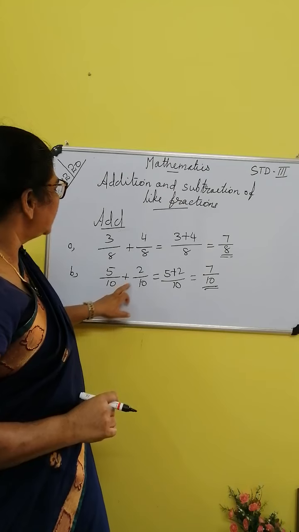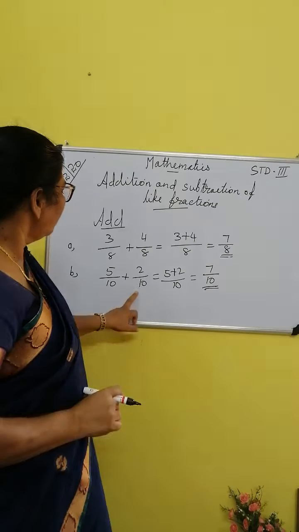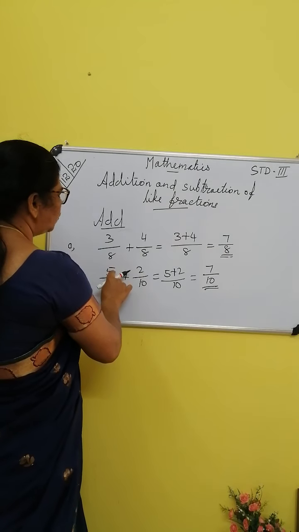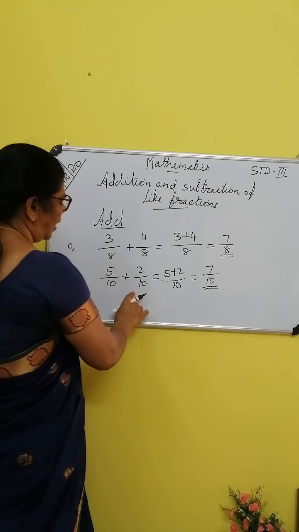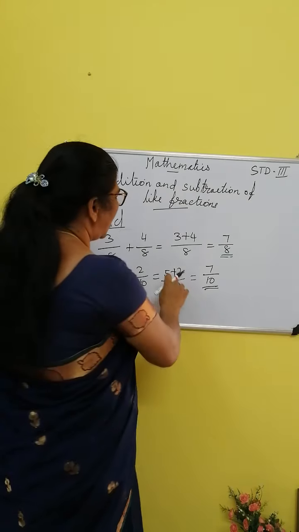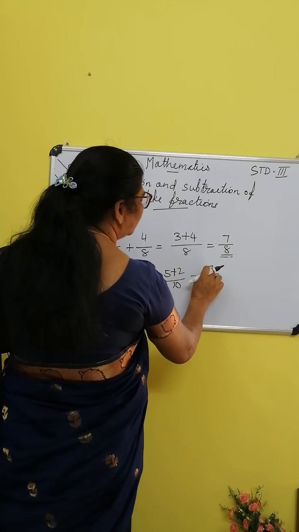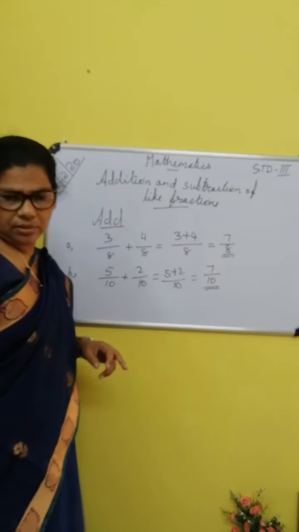Next one more. 5 by 8 plus 2 by 8. Add these two numbers, numerators 5 plus 2, then by the denominator 8. So 5 plus 2 is 7 by 8.